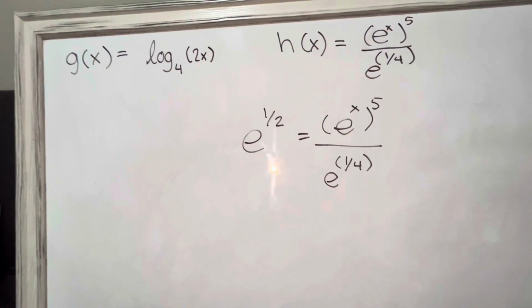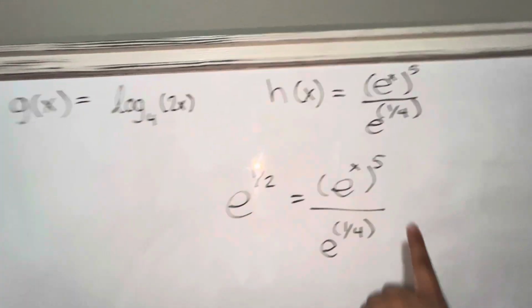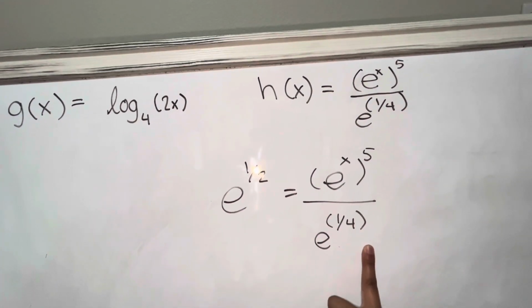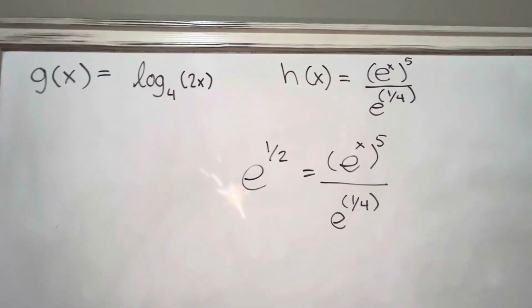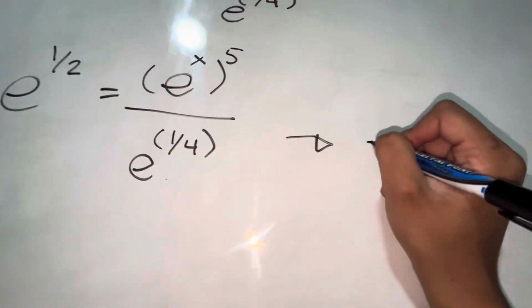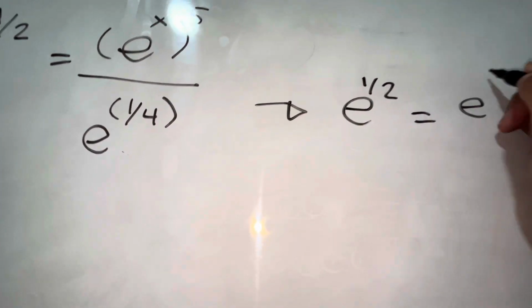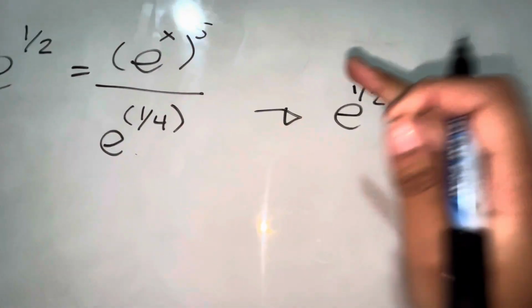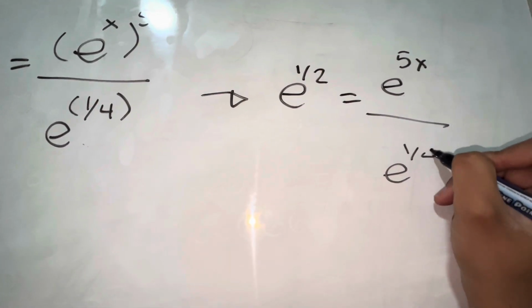Now that we have equated it, we will try to subtract these two powers. First, let's simplify this before we do anything else. So then this would turn into e to the power of half equals e to the 5x, because you're multiplying these two powers, over e to the 4th.